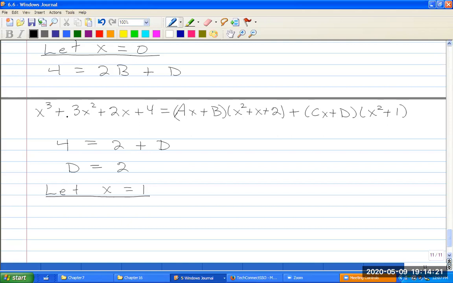And so I get 1 plus, that's 4, 8, 10 is equal to A plus B times 1, 2, 4. So that's 4 times this.